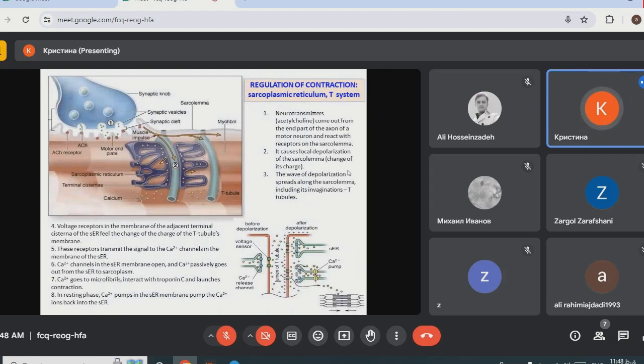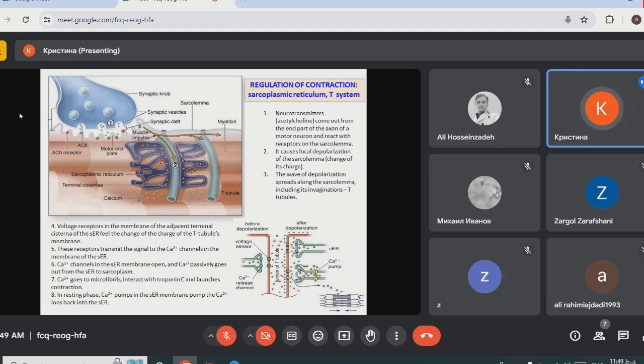And now how all this works. In order to contract a muscle fiber, you need a nerve impulse from a nerve cell. Because the contraction of skeletal muscle is voluntary, it means it is regulated by our consciousness, by our brain.